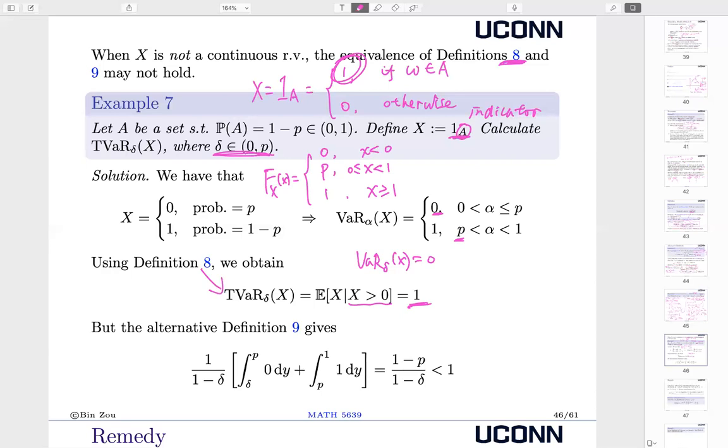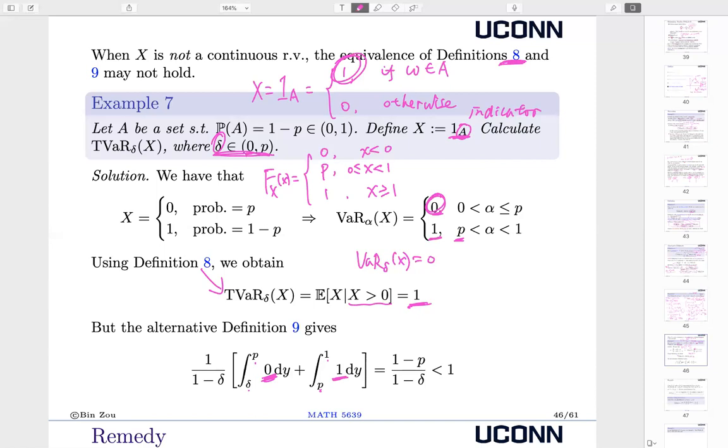However, if you apply definition 9, you do an integral from delta to 1. Delta we know is less than p, so you need to separate into two sub-intervals, from delta to p and from p to 1. That's because in the first one the integrand is 0, and in the second one the integrand is 1.